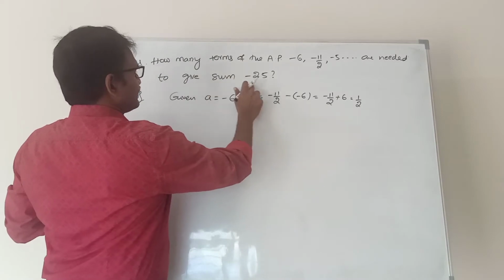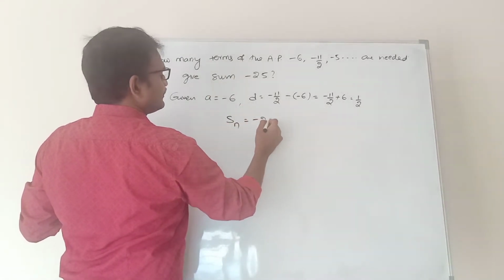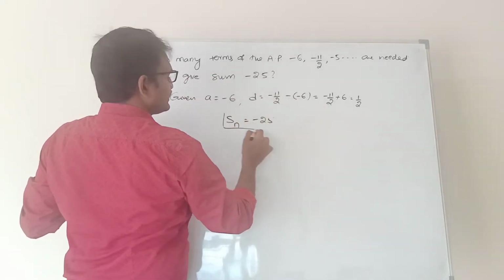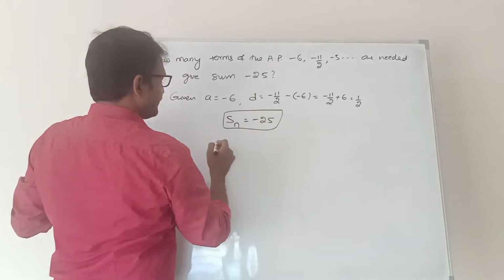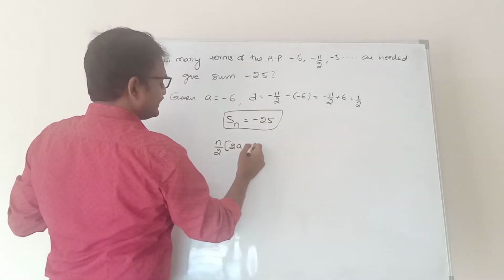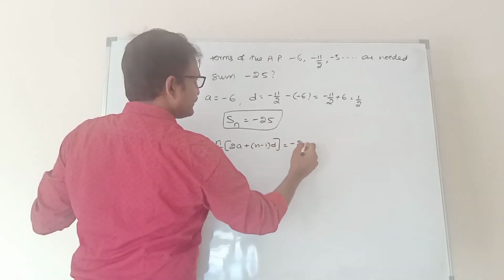Sn, the sum of n terms, is given as minus 25. What is the formula for the sum of n terms? n by 2 into 2a plus n minus 1 into d is equal to minus 25.